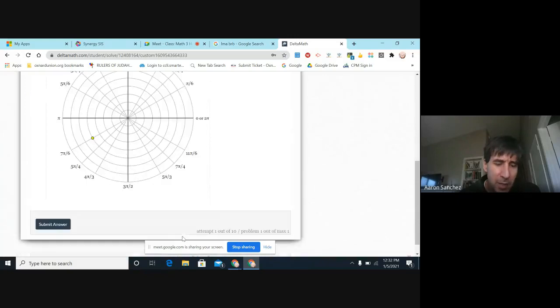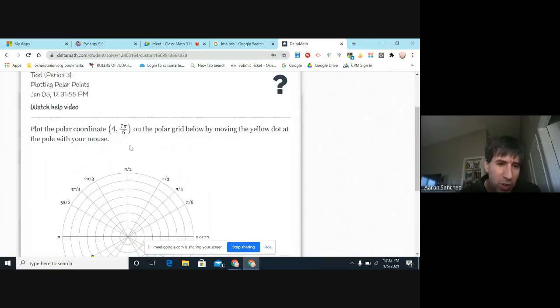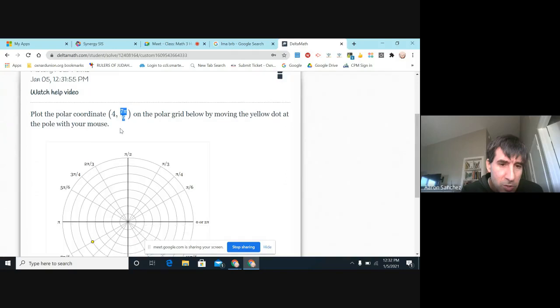And that's polar form. Now remember, it's very important. The 4 is the radius. You got to know that. So put R on your notes or whatever. And 7 pi over 6, that is the angle, or theta. So 4, 7 pi over 6.